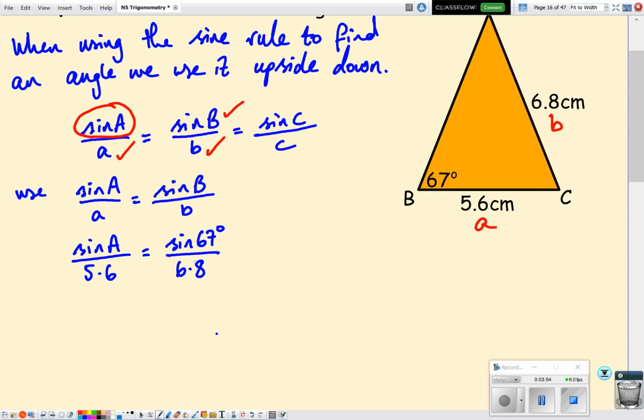Right, now because we took the step above to invert or turn the sine rule upside down, at this line of working, the algebra involved to work out the value of sine A is the exact same as the algebra we used in the last example.